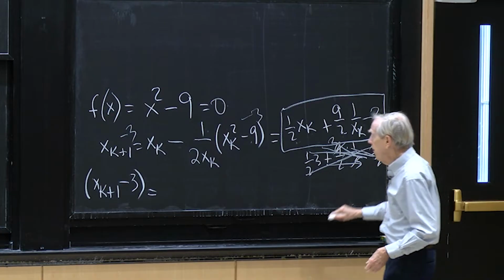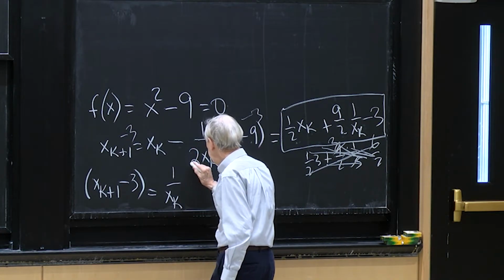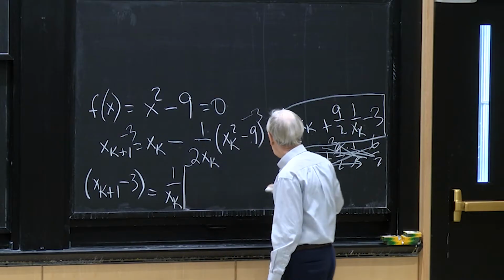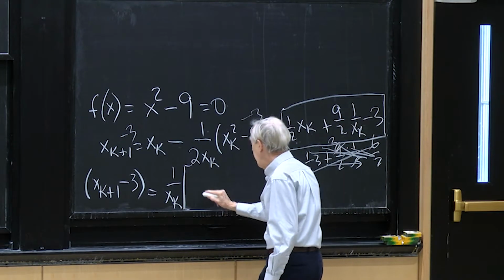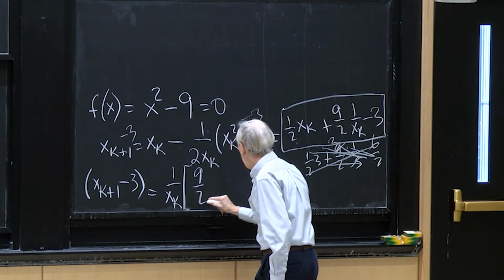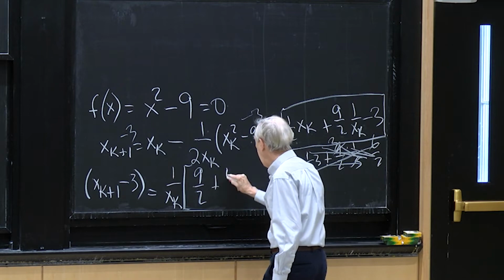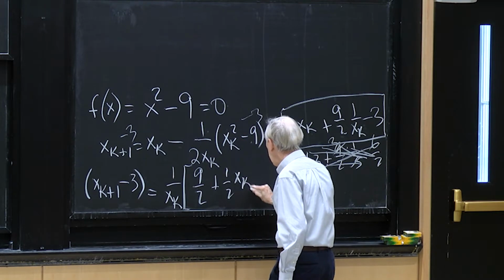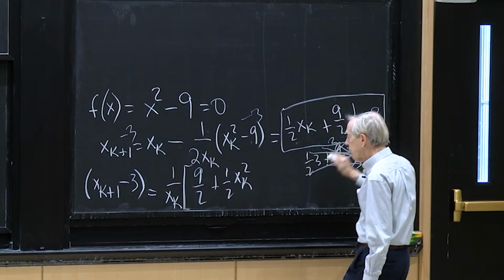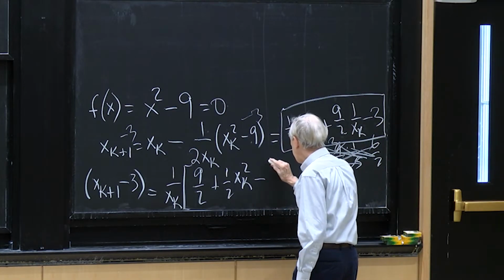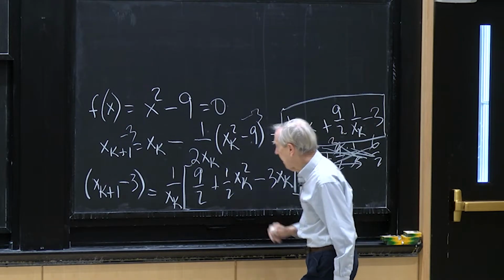Let me factor out the 1 over xk. So what do I have then left? 1 over xk. There's a 9 halves from there. 1 over xk, so I really have a half of xk squared, because I've divided by an xk. And this minus 3, I better put minus 3xk, because I'm dividing by the xk.